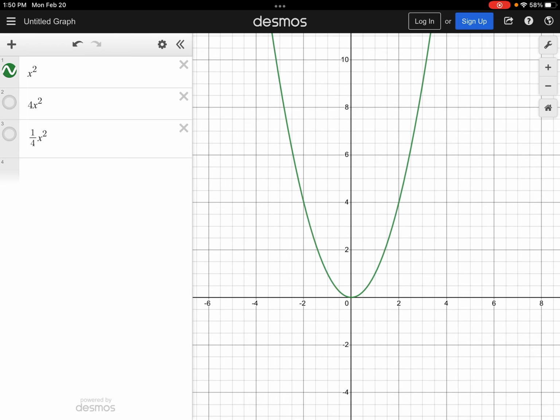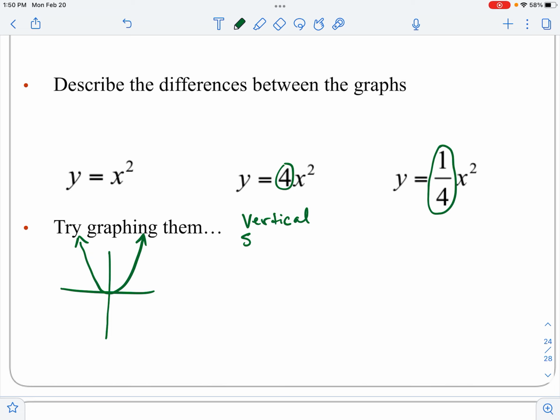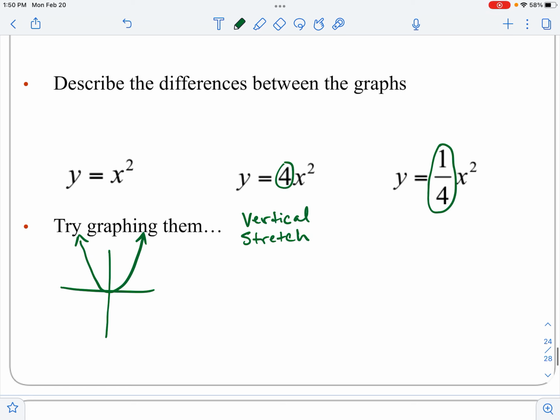So this 4x squared right here is going to be a vertical stretch of the graph. So this graph becomes narrower or skinny. So this is what happens when we have a positive 4 in front of the x squared.